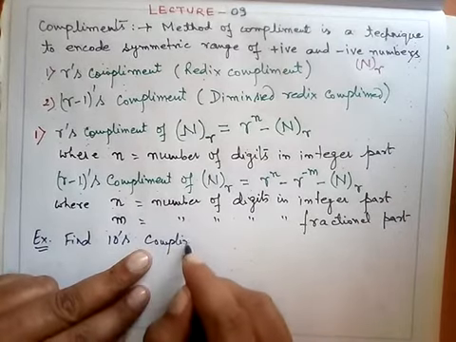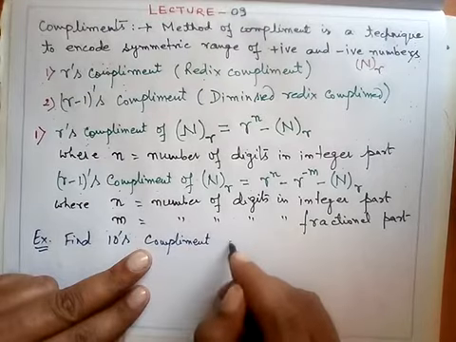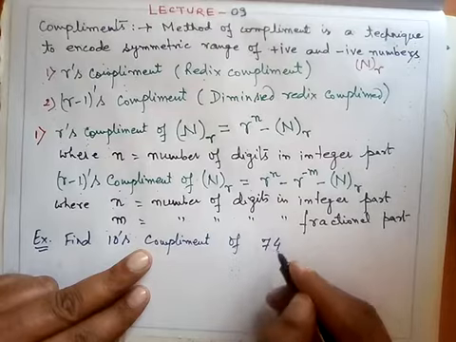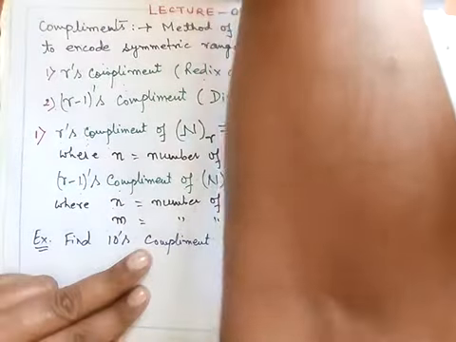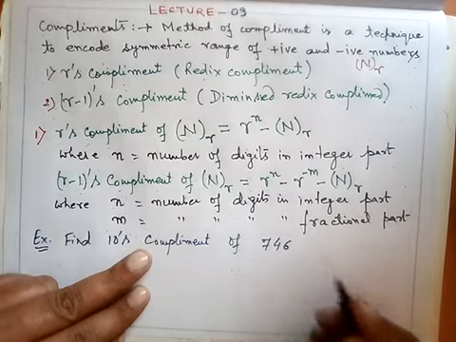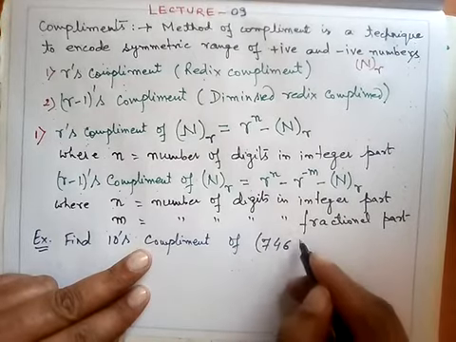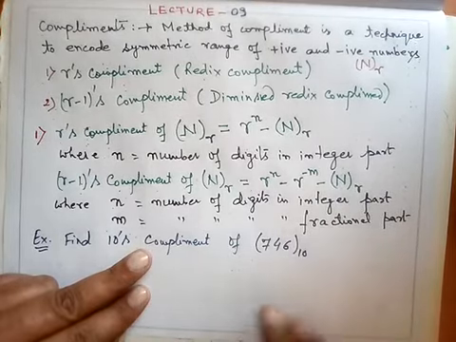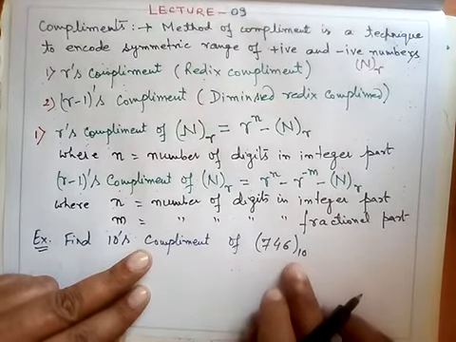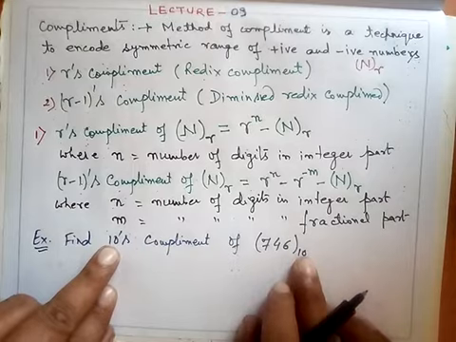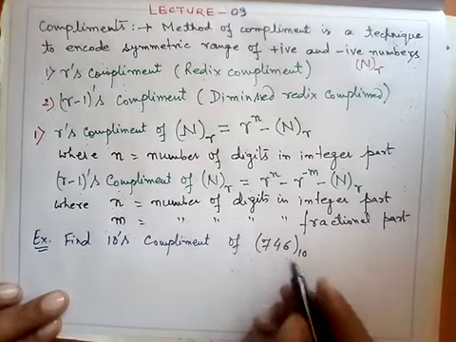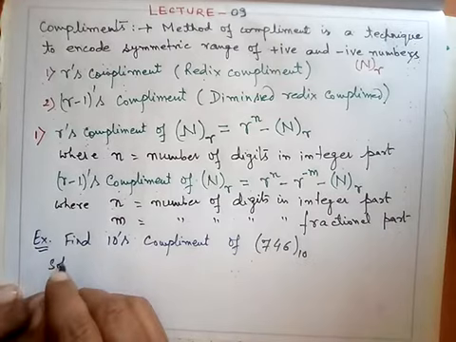Find the 10's complement of a number, say 746, with base 10. Now I am finding the tens complement, meaning the r's complement. The base is 10, r is 10, so it is the r's complement. Look at the solution of this.